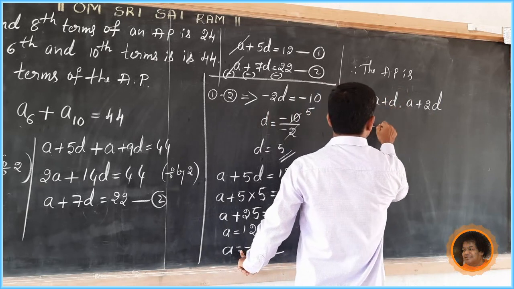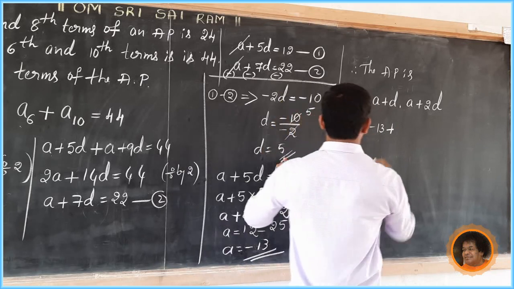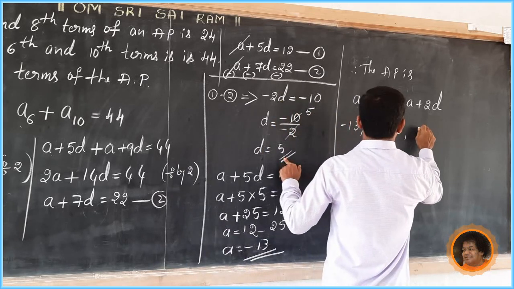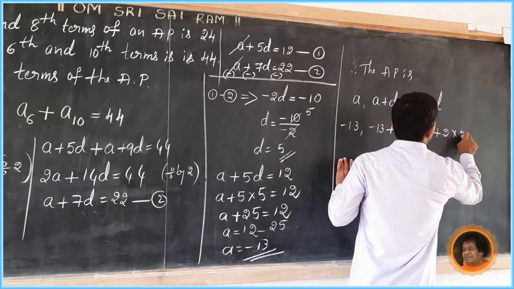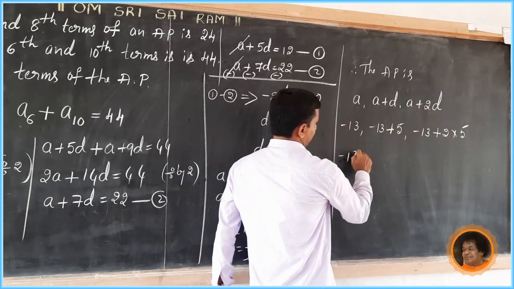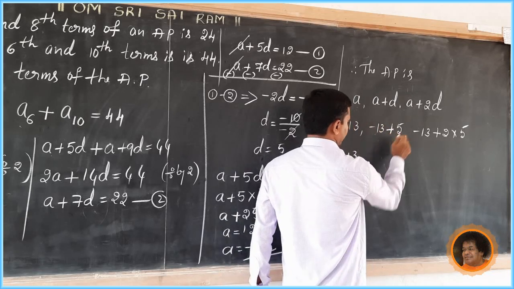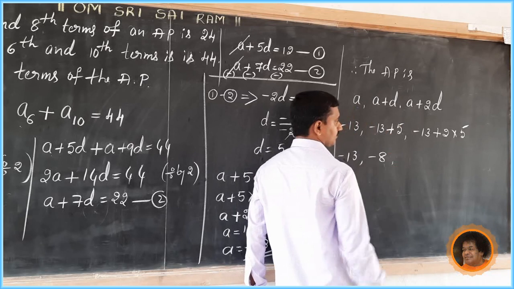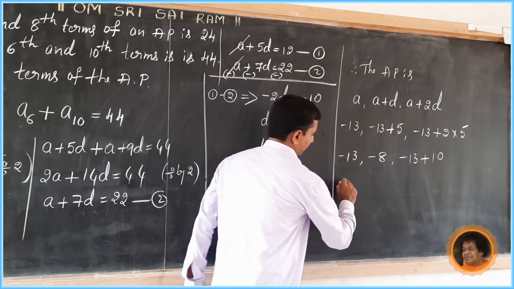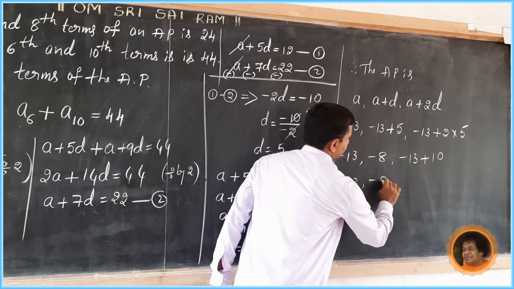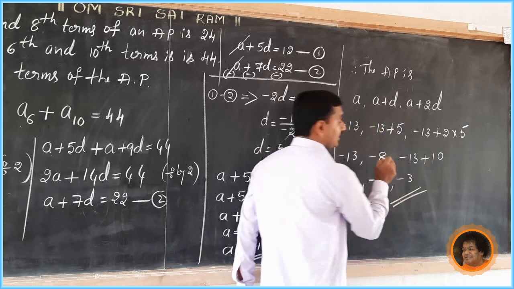A plus D is minus 13 plus 5, equal to minus 8. A plus 2D is minus 13 plus 2 into 5, which is 10, so minus 3. Therefore the AP is minus 13, minus 8, minus 3.